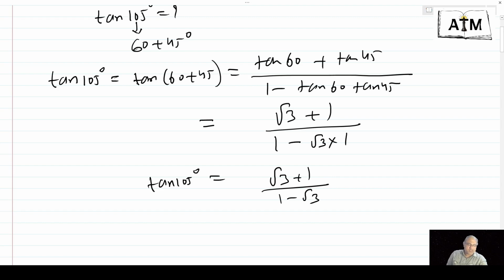It can be further simplified by rationalizing. Further simplification is left to you. I just wanted to show you the idea of how to find tan 105. So tan of 105 equals root 3 plus 1 upon 1 minus root 3.